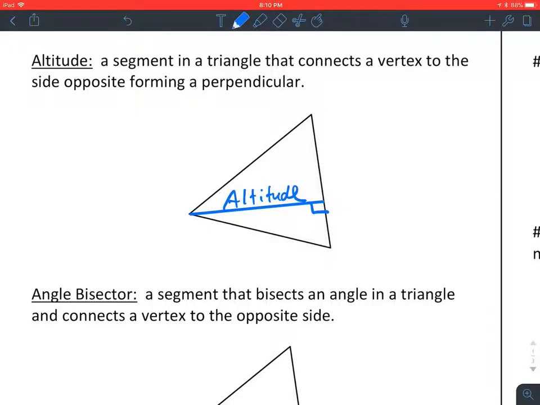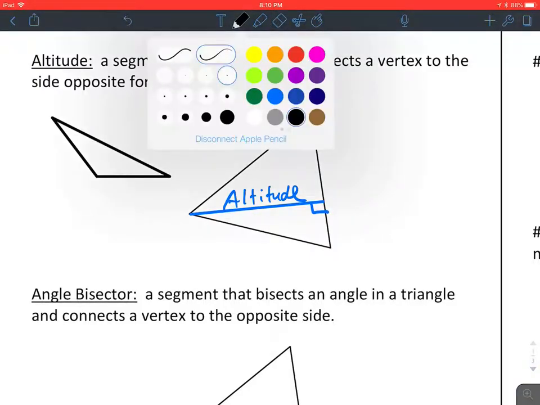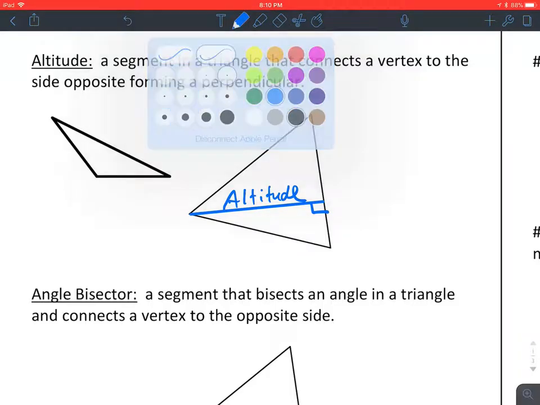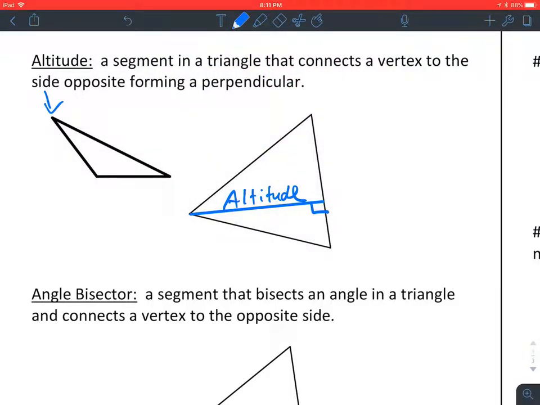Altitudes can be strange. For example, if you have a triangle that is obtuse, it is possible in an obtuse triangle to have the altitude be on the outside of the triangle. For example, if we want to make the altitude from this vertex right here, it has to be perpendicular to this opposite side.